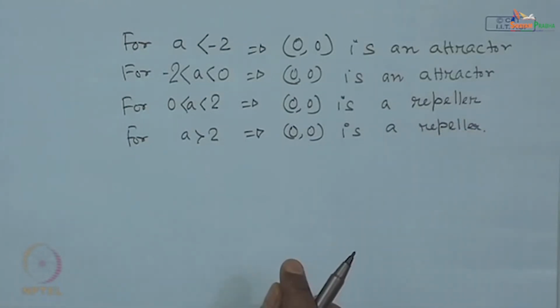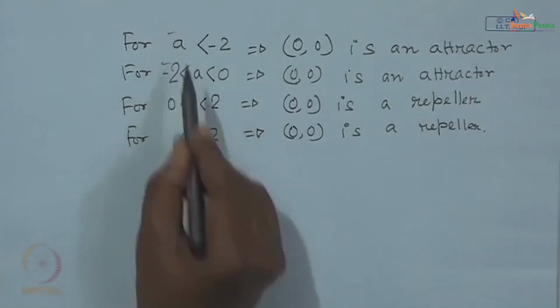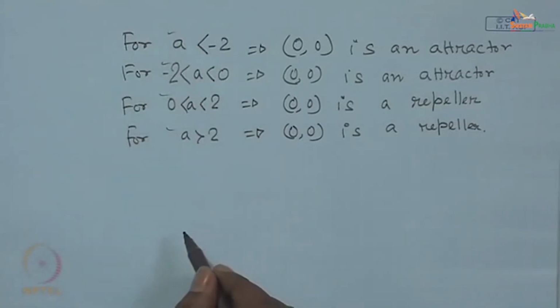So, this gives a particular demonstration of an example where different values of the parameter land you in different steady states, which can be an attractor or a repeller, a node or a focus, a stable node, unstable node, stable focus, or unstable focus.